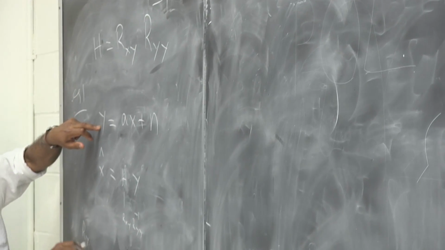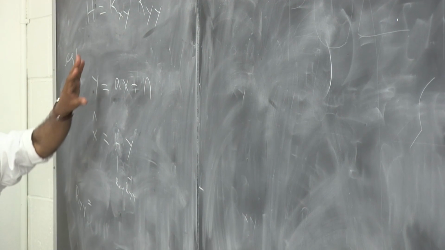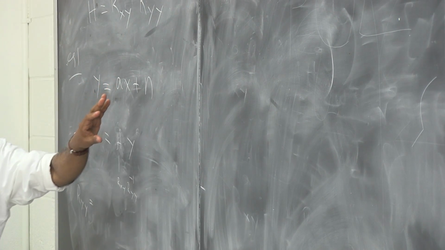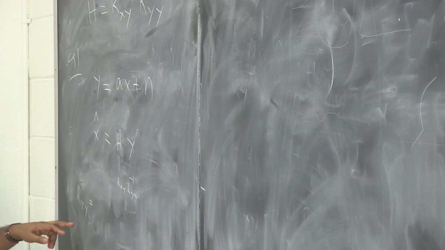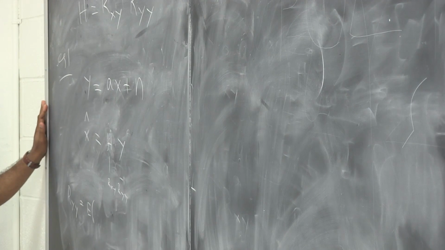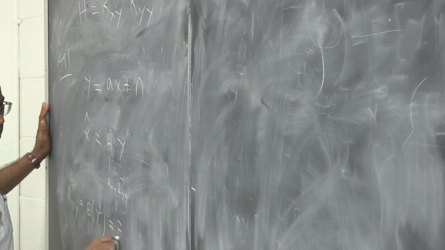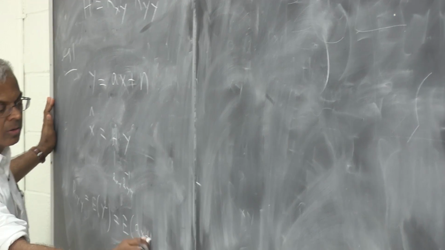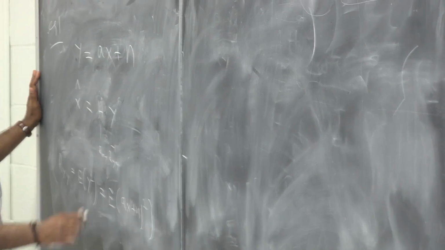Let's say everything is 0 mean. So Ryy means what? Expected value of y squared, right? So that's going to be (ax plus n) squared. When you expand, how many terms are there?